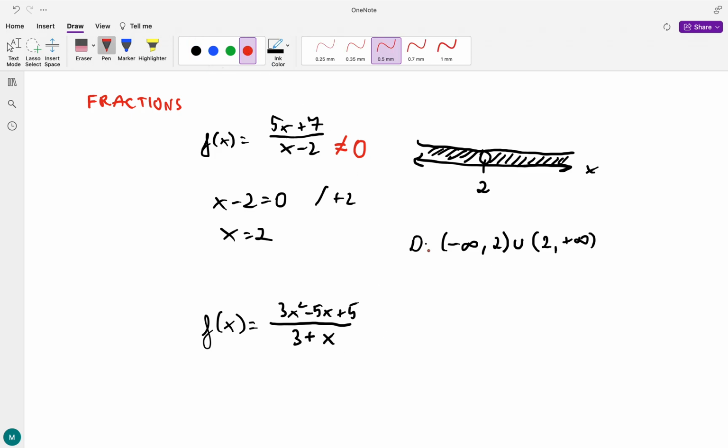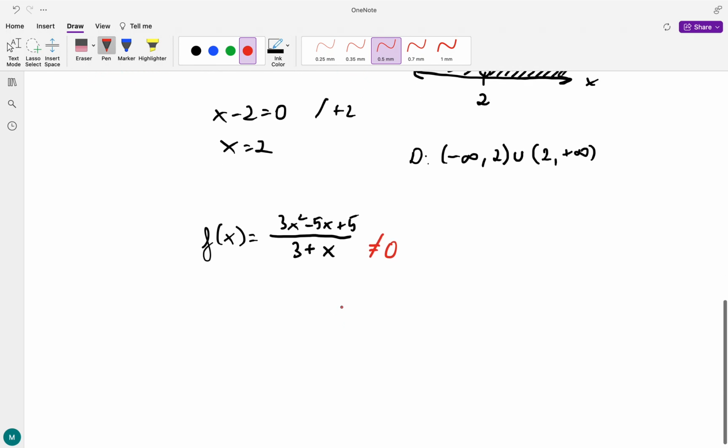So once again, the denominator of this fraction cannot be equal to 0 because that will make our function undefined. Therefore, let's follow suit from the previous example and write that 3 plus x is equal to 0, and let's subtract 3 from both sides, and we find out that x that will make this function undefined is negative 3.